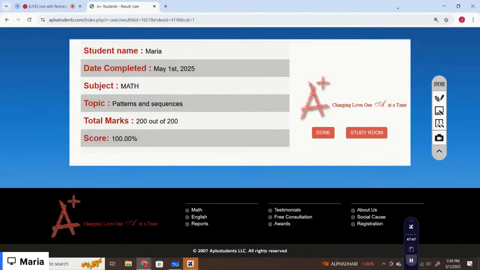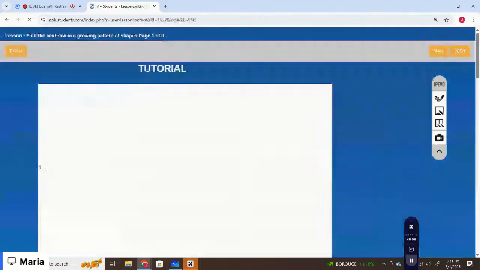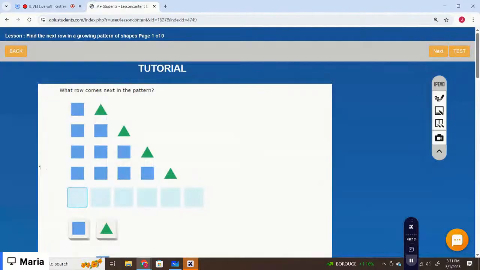The next lesson is find the next row in a growing pattern of shapes. Okay, what row comes next in the pattern?